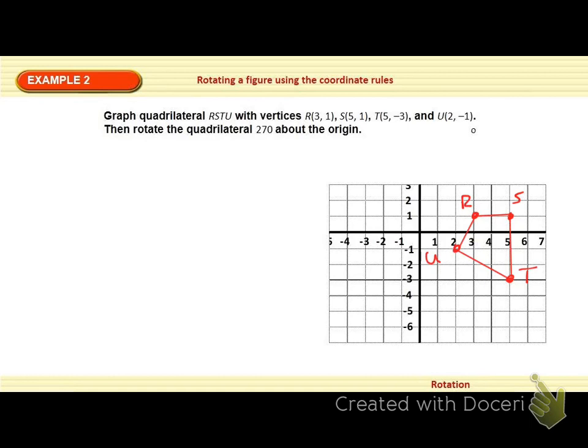We won't do any verification of that being a kite, but anyway, if we're going to rotate 270 degrees about the origin, then like I said, we've got some rules that we can put in place to help us figure out where R', S', T', and U' will land.